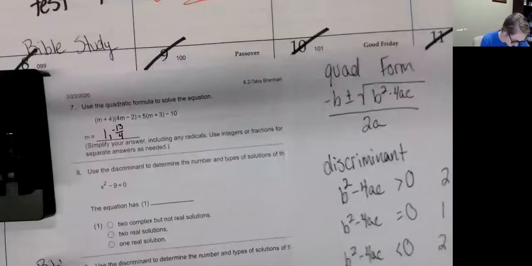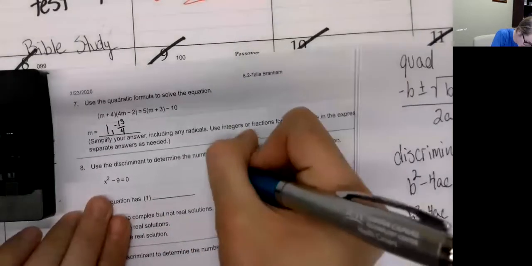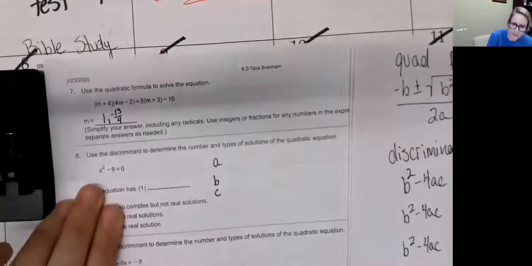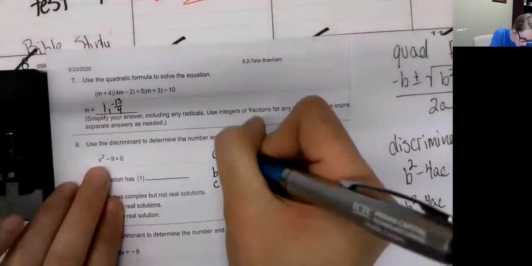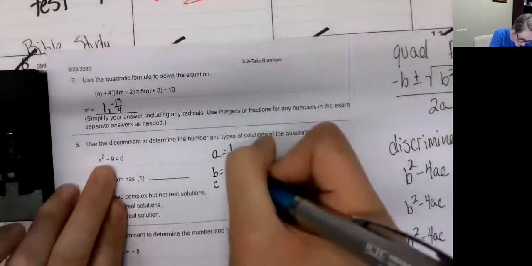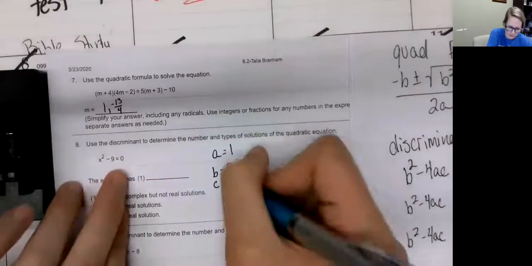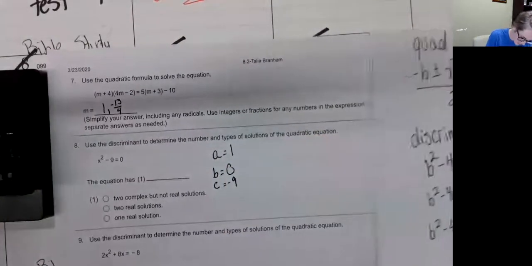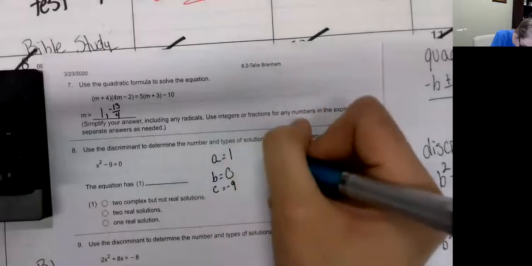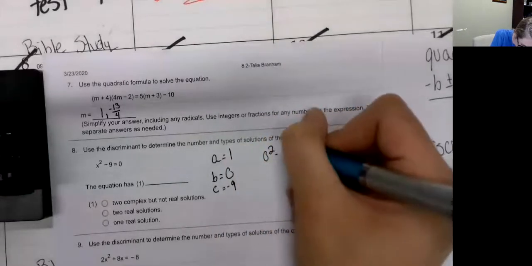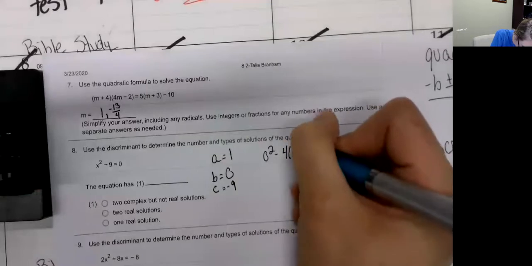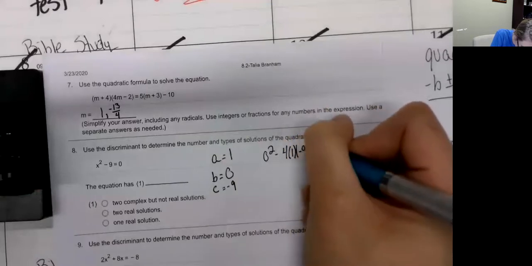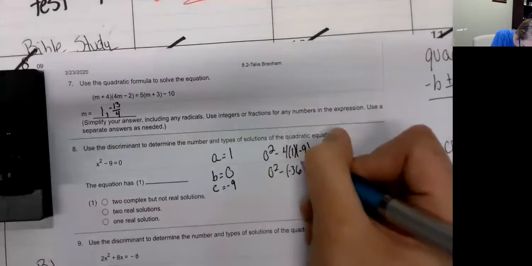So let's see. On this one, you still have to find your A, your B, and your C in each of these. So our A would be 1. We don't have a B because there's not just an x. And our C would be negative 9. So when we do this, we'd have B squared, so 0 squared subtract 4 times A times C. So 0 squared subtract 4 times negative 9 would be negative 36.